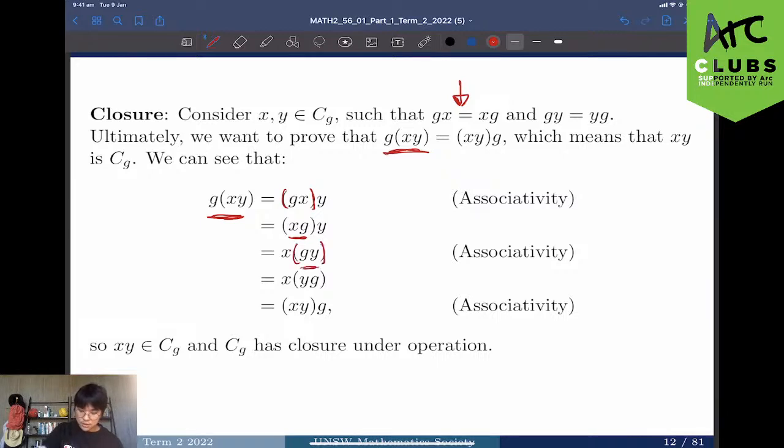And we switch the gy with a yg. And we shift the brackets again. And we've shown what we wanted to show, which is gxy equals xyg. So we have proven that xy is in CG, and CG is closed under operation.